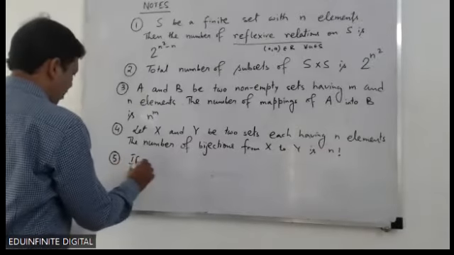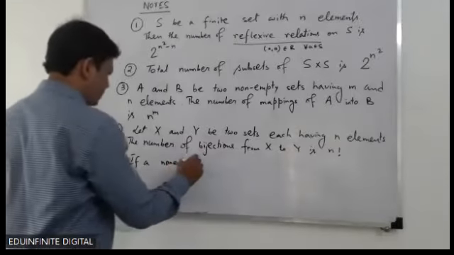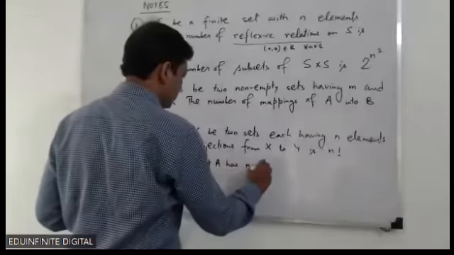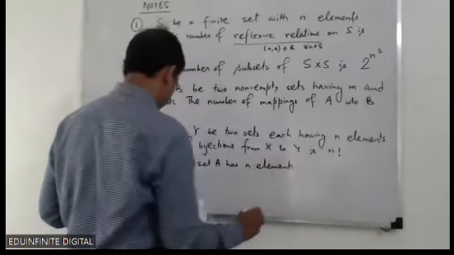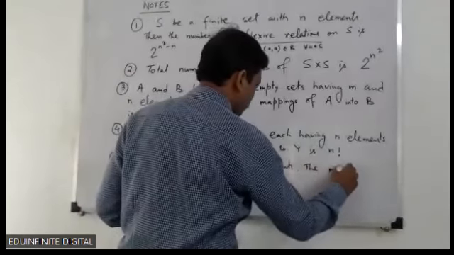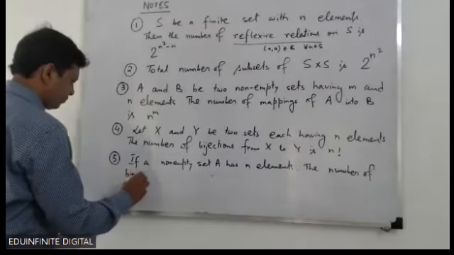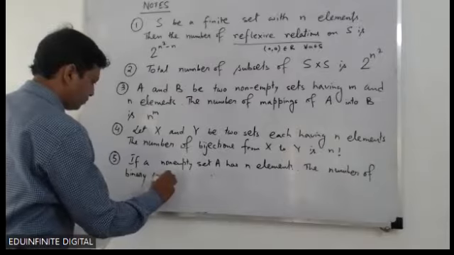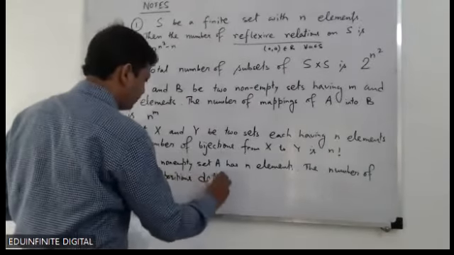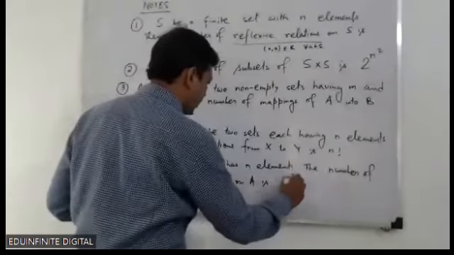Next, if a non-empty set A has n elements, the number of binary compositions defined on A is n to the power n squared.